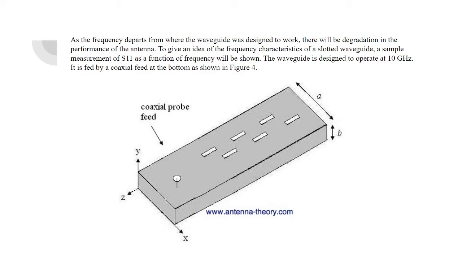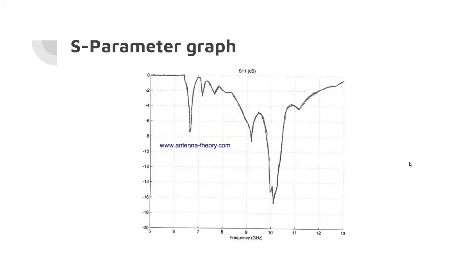To give an idea of the frequency characteristics of a slotted waveguide, a sample measurement of S11 versus frequency will be shown. The waveguide is designed to operate at 10 gigahertz and it is fed by a coaxial feed at the bottom right here. This is the coaxial feed, and this is the S parameter graph.